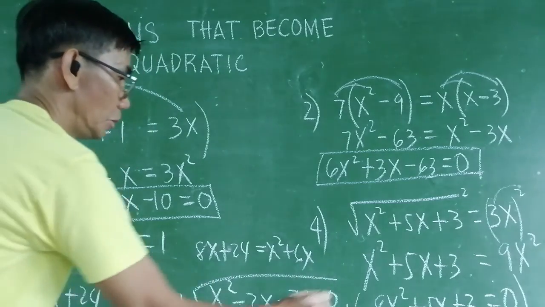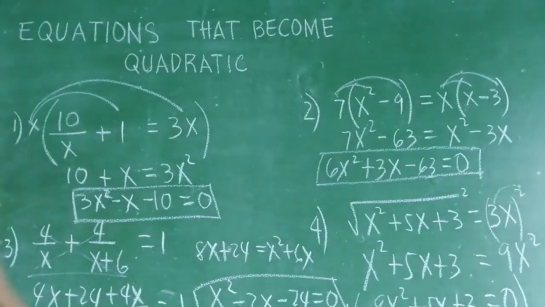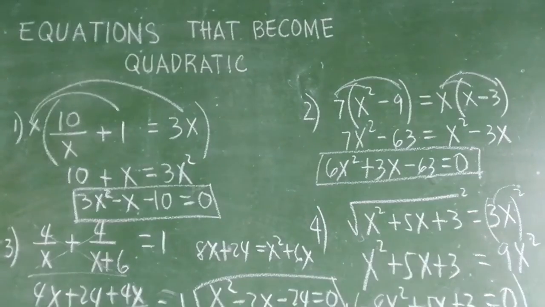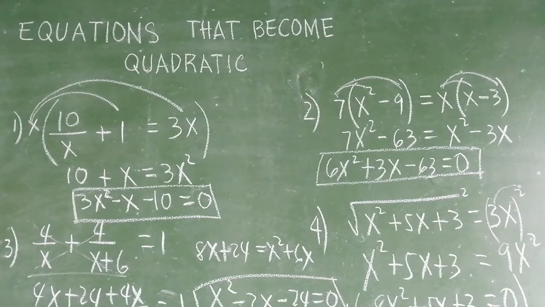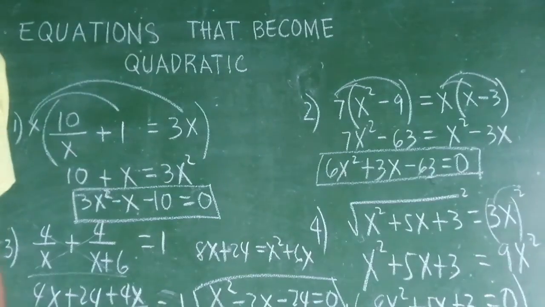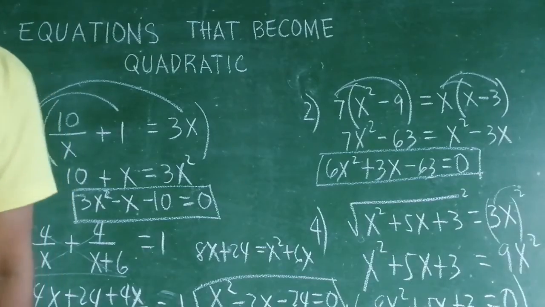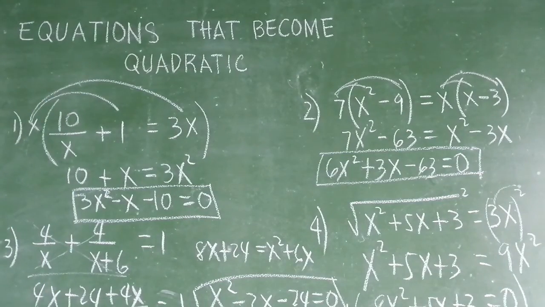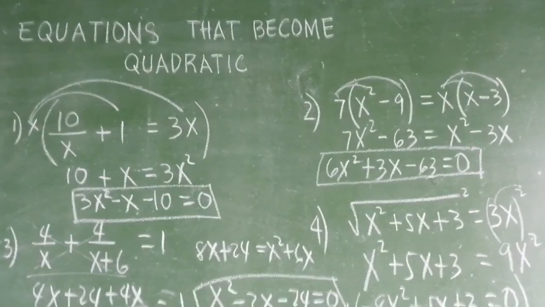This is now your quadratic equation. So you will notice that we have already transformed them into the standard form, ax squared plus bx plus c. Okay, so that's the way how to transform this equation into a quadratic equation.